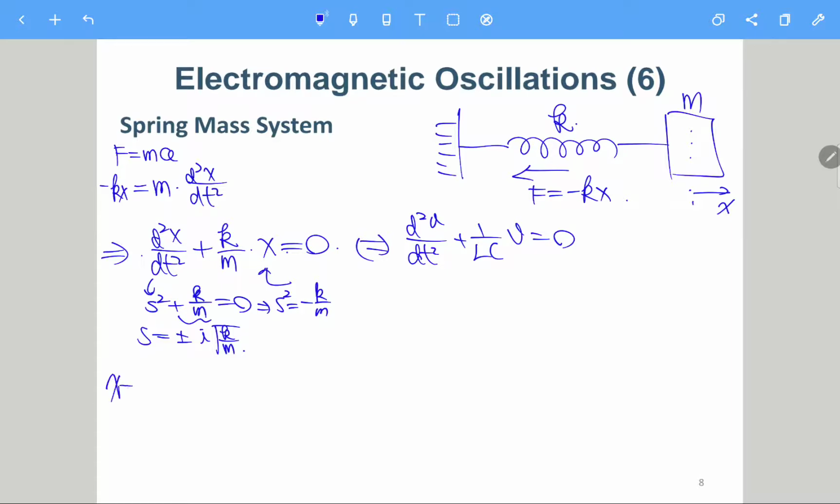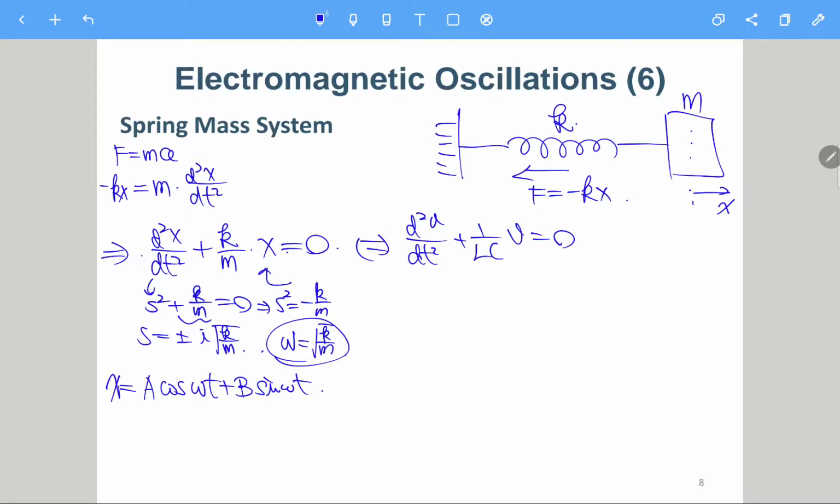So x should be like a cosine. Let omega be the square root of k over m. This is the oscillation frequency. So x is A cosine omega t plus B sine omega t.